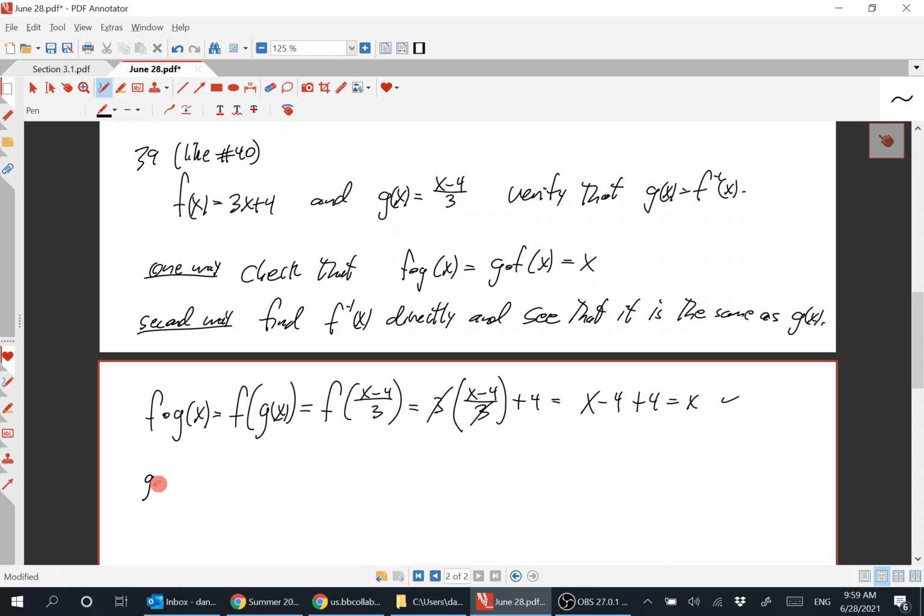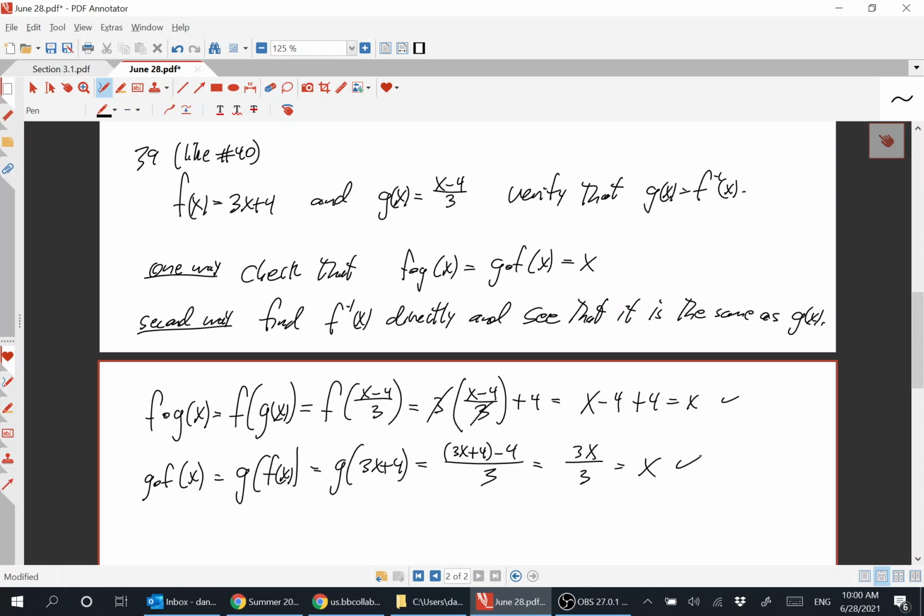All right, and then g following f is g of f of x, which is g of, and then f is 3x plus 4. Now g is x minus 4 over 3, so instead of x, we have the 3x plus 4. All right, so 3x plus 4 minus 4 is just 3x over 3, which is just x.